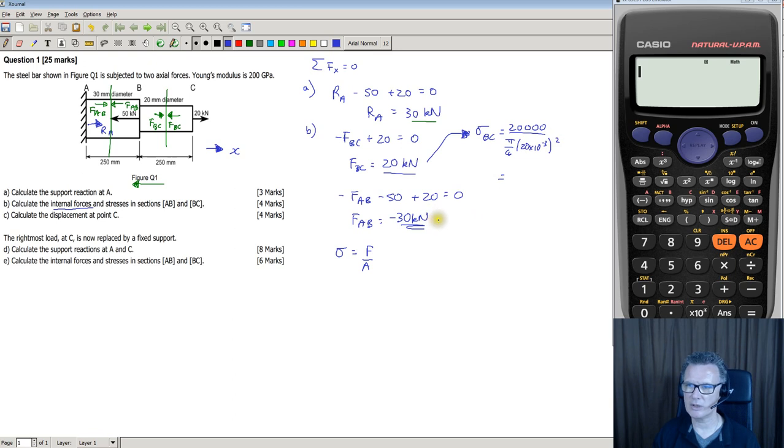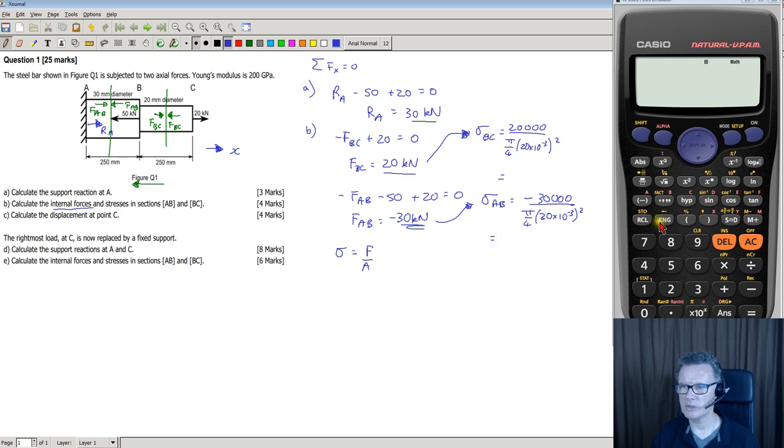And this one here, I'll do the same. So the stress AB, let's keep this sign, might be useful, so that's in compression, minus 30,000 divided by pi over 4 times 30 times 10 to the minus 3 squared.